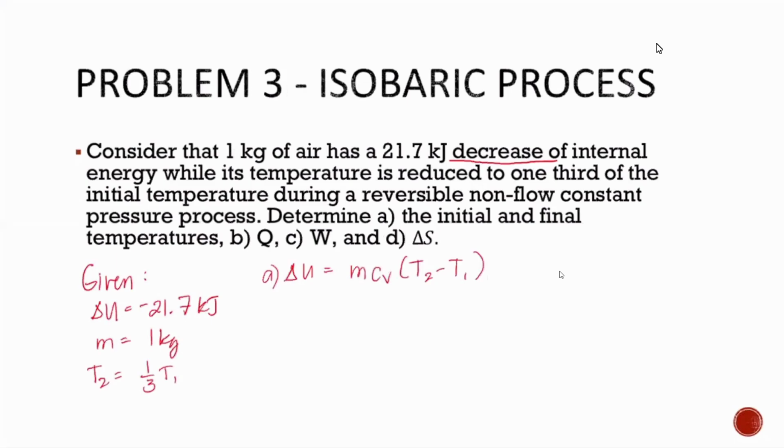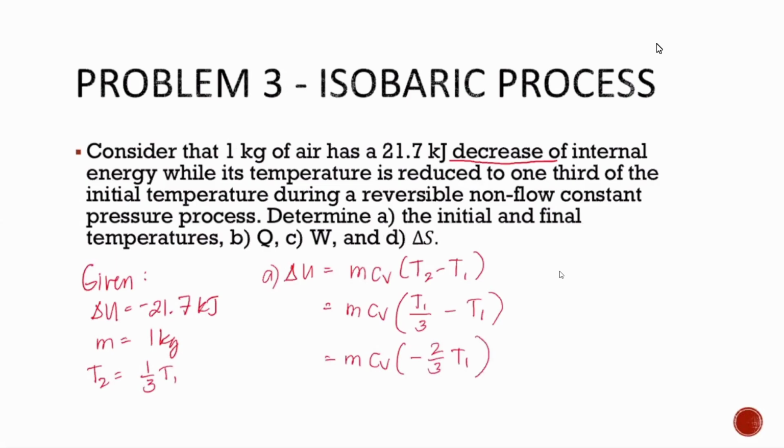Since wala tayong T2 and T1, gamitin natin itong equation na ito muna before substituting all the given numerical values. M, CV, yung T2 natin, i-express natin in terms of T1. So, we have T1 over 3 or 1/3 times T1 minus T1. Therefore, we have the mass CV, 1/3 minus 1, so we have negative 2/3 ng T1.